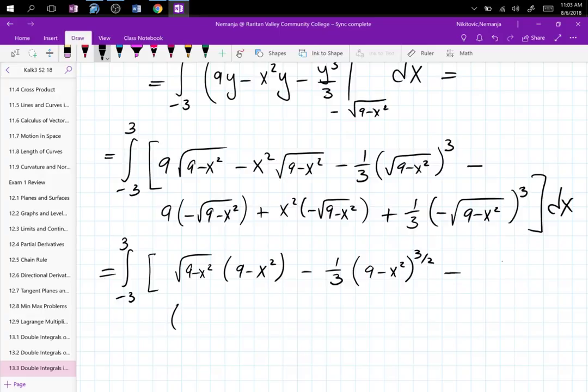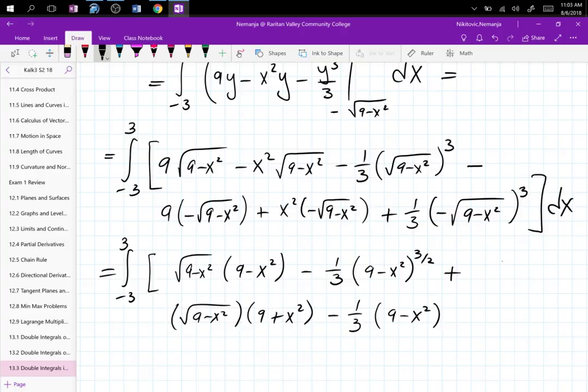I'm going to factor out a negative, but when I factor out the negative, it changes this negative into a positive. So square root of 9 minus x squared times 9 plus x squared, and then the negative will survive over here, so it's minus 1/3, and then I have 9 minus x squared to the 3/2, and all of that dx.